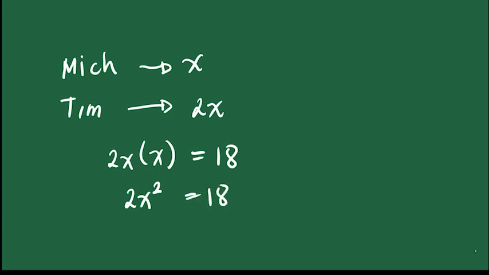Afterwards, you will divide both sides by 2. Simplify the equation. Then you will have here 9. So you will come up with x squared equals 9.